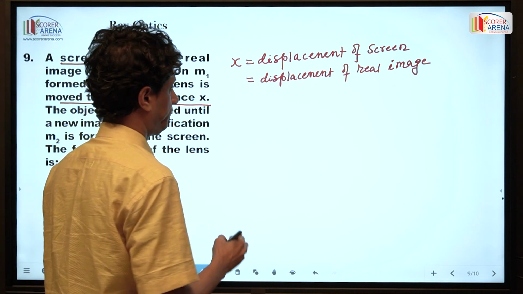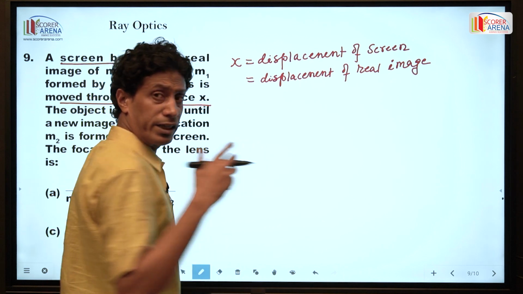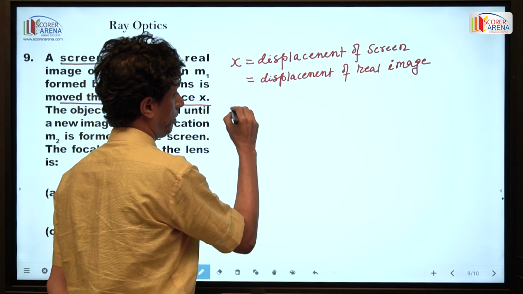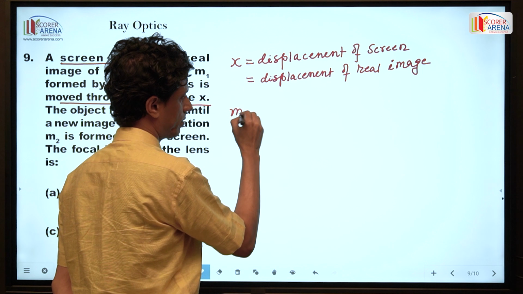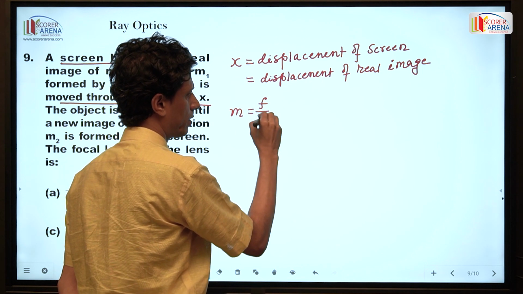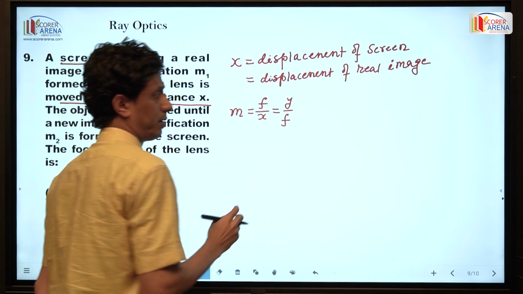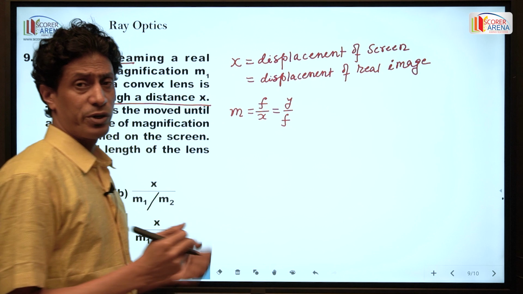And you know the Newtonian concept of Sir Isaac Newton, magnification is f by x equal to y by f. A very simple, smart equation.